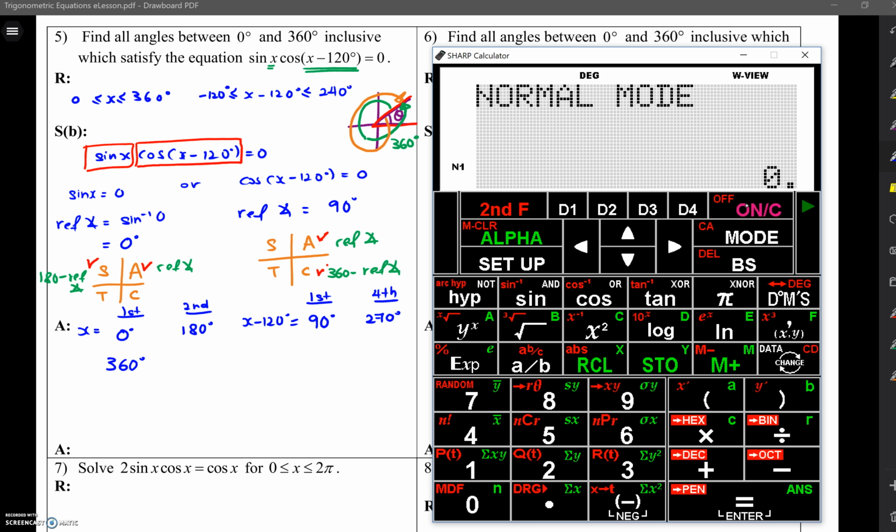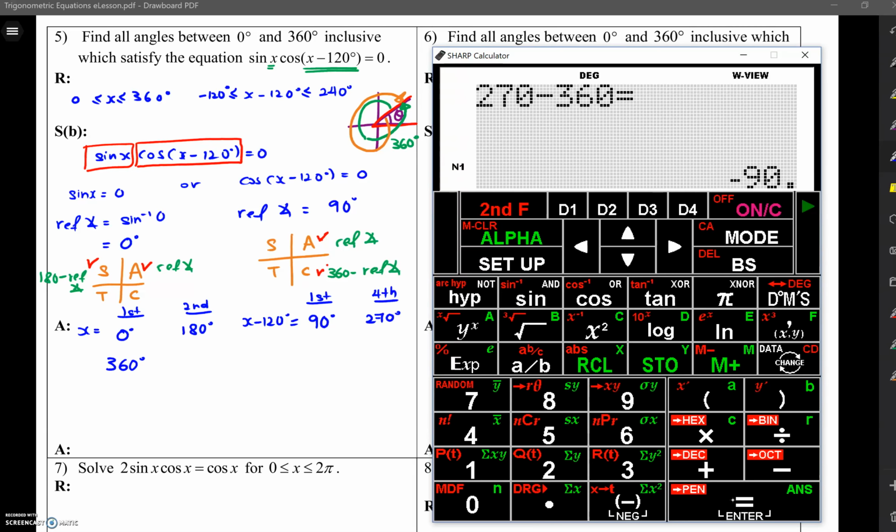Okay, now let's try for 270 degrees. Let's consider the cycle before 270, the reverse cycle. So I'll just minus 360 degrees. Here I get negative 90. Is negative 90 within the range of negative 120 to 240? It is, right?